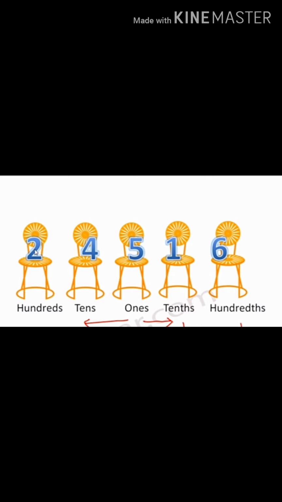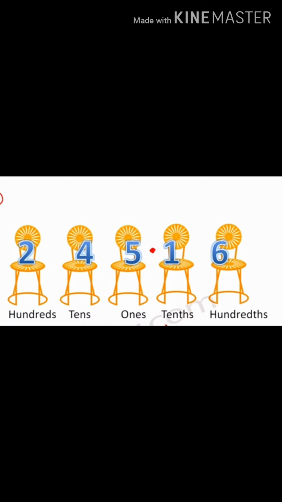In order to solve this problem, we introduce a decimal point. We always put a decimal point to separate the whole number part and the fractional part. So we write 245, then point, then 16. So 245.16. This decimal point acts as a separator.